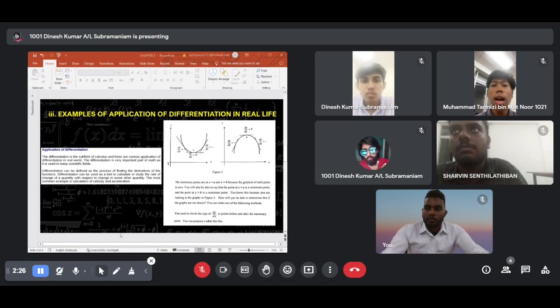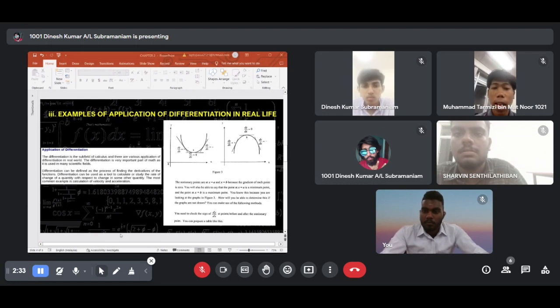First of all, I will show you an example of application of differentiation in real life. Differentiation is a subset of calculus, and there are various applications of differentiation in the real world. It is a very important part of math as it is used in many scientific fields.